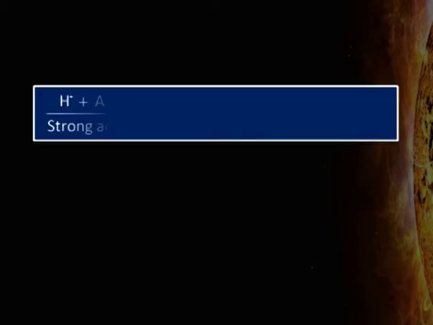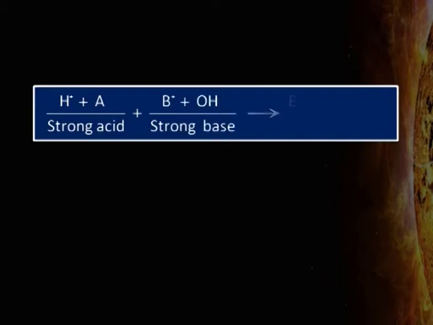Hence, if this strong acid and strong base are mixed in dilute solution, the reaction which will take place will be H plus A minus plus B plus OH minus giving you B plus A minus plus H2O, and delta H of reaction is equal to minus 13.7 kilocalories.